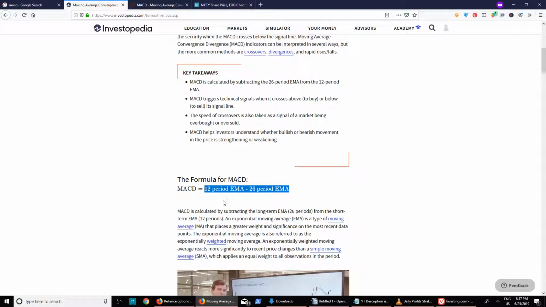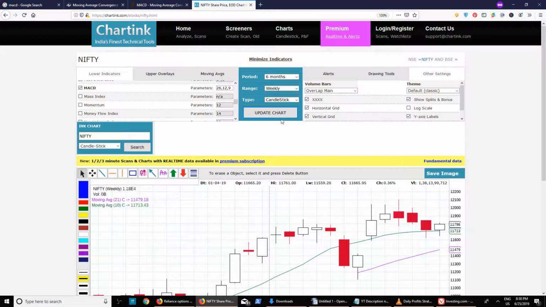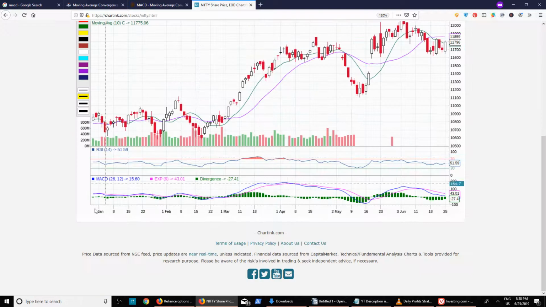Let me go back to the daily charts here. So this is one value here. That is the reason you will see the indicator as 26, 12. Basically, we subtract from the 12 day or 12 period exponential moving average.